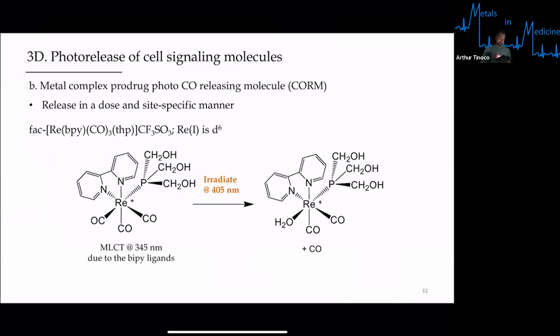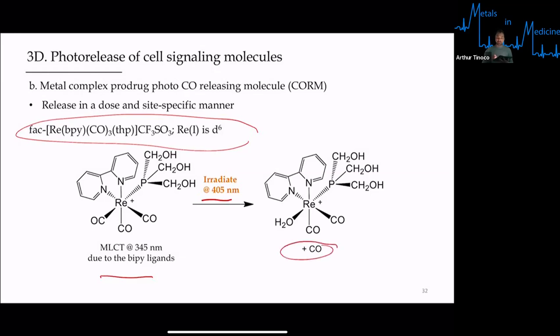So we're looking at this rhenium compound, rhenium 1, with an electron configuration of D6. An important property is that it has a metal ligand charge transfer at 345 nanometers, facilitated by the bipyridine ligand itself. You irradiate this at 405 nanometers, and what that does is lead to the release of the carbon monoxide.